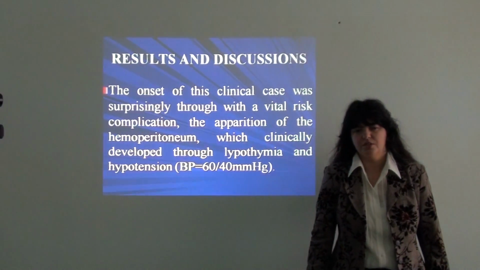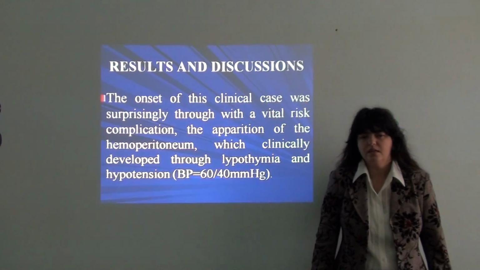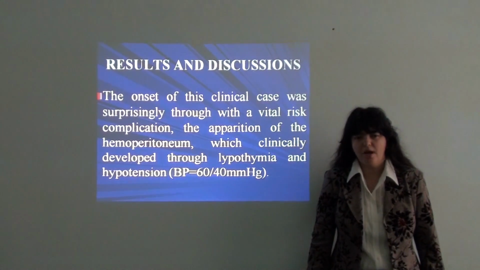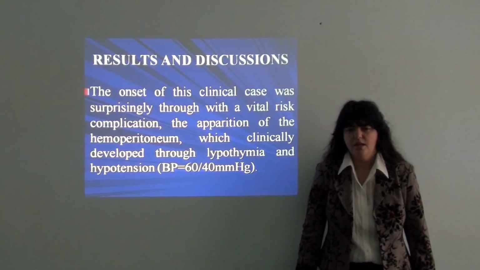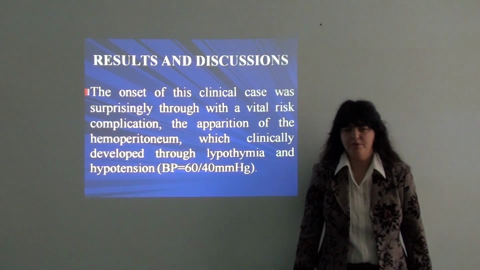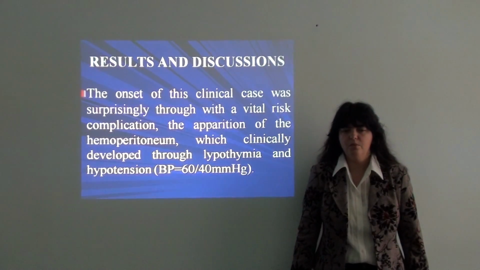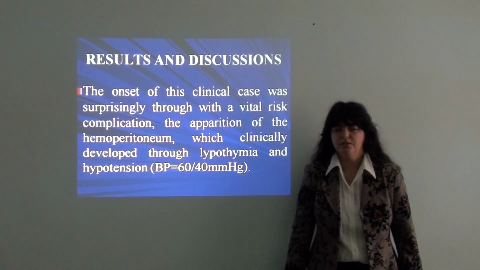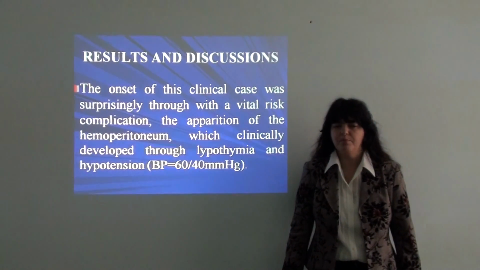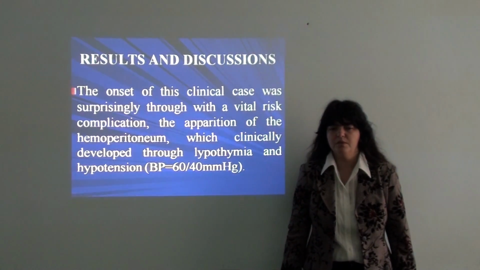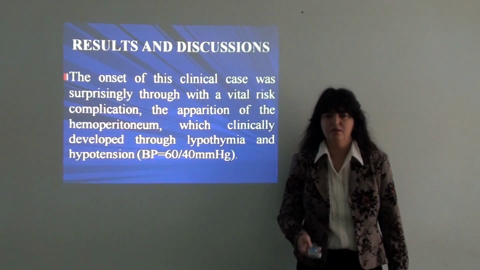Results and discussions. The onset of this clinical case was surprisingly fraught with a vital risk complication, the apparition of the hemoperitoneum, which clinically developed through lipothymia and hypotension. I insist that the blood pressure was very, very low in the first moment, 60/40 millimeters of mercury.